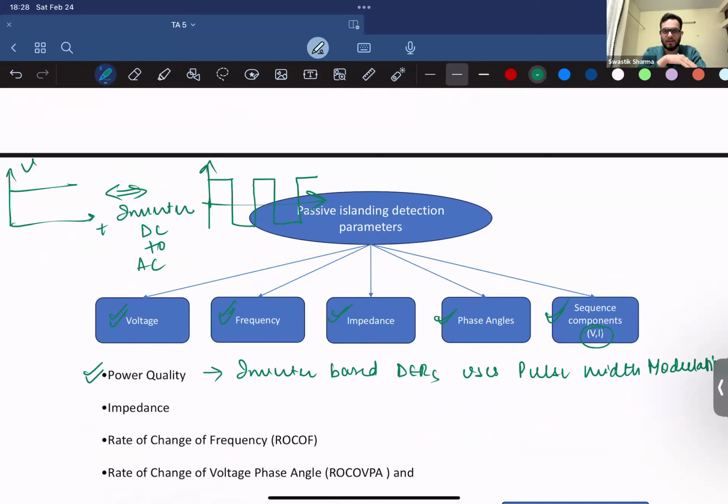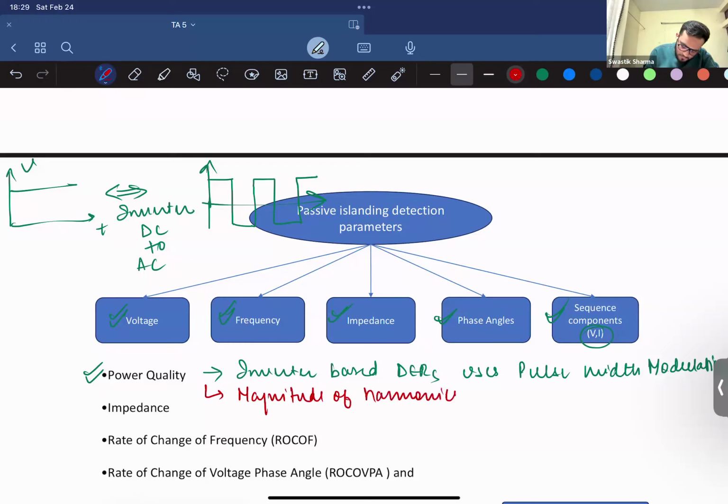The magnitude of harmonics in these waveforms is increased further because of islanding. So you measure the power quality at the output of these inverter-based resources to check if islanding has occurred or not.